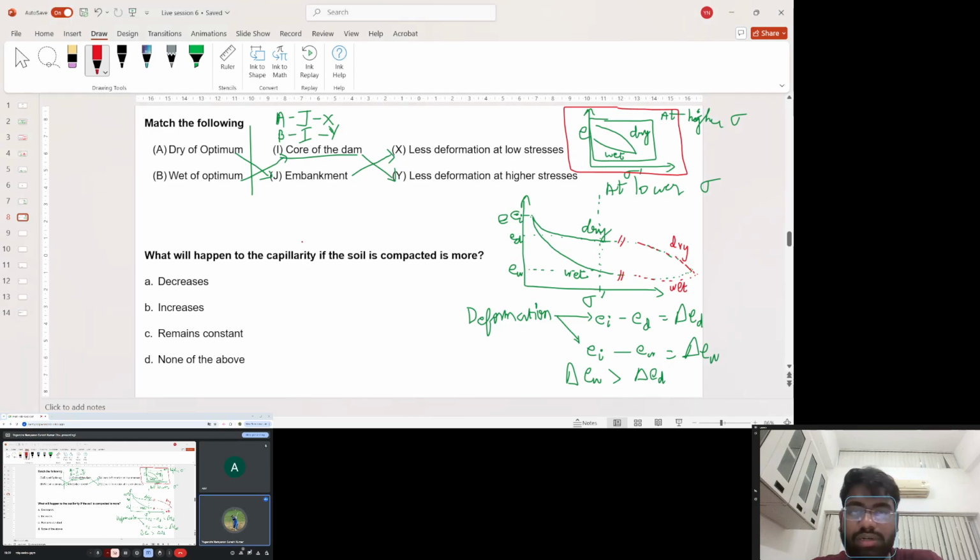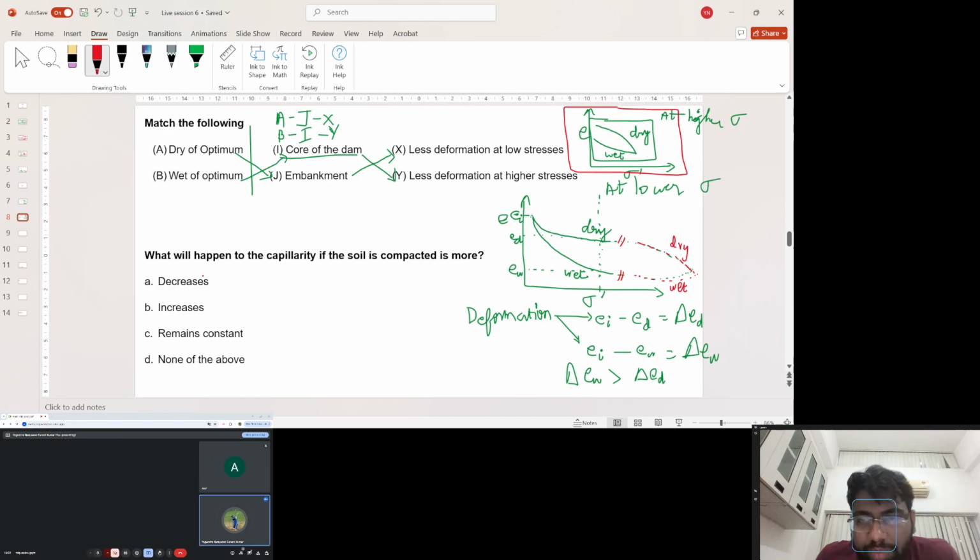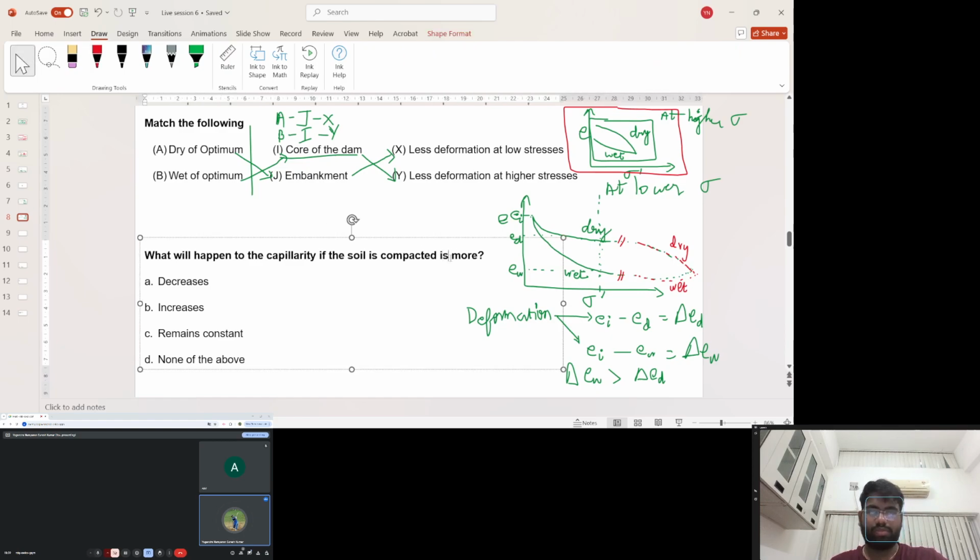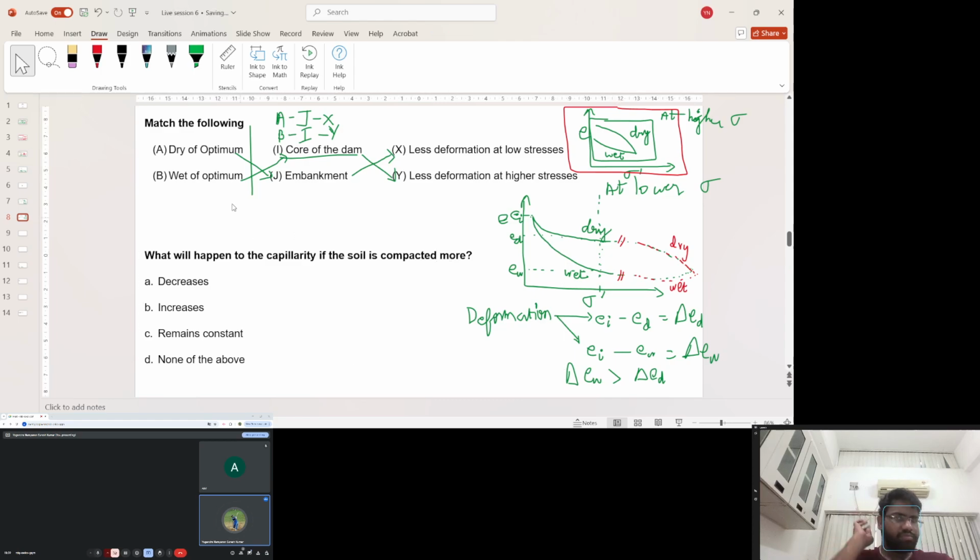Coming to the next question: what will happen to the capillarity if the soil is compacted more? This is a slightly misleading question. Compacted more, let us consider ideally, is towards gamma d max, right?